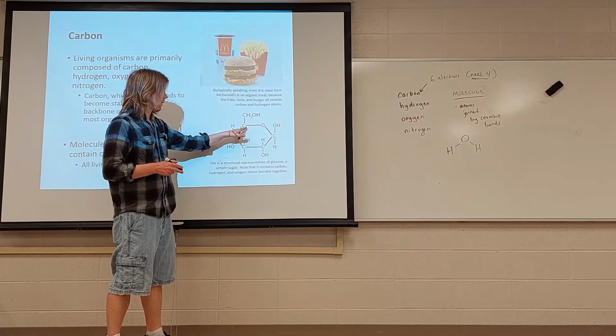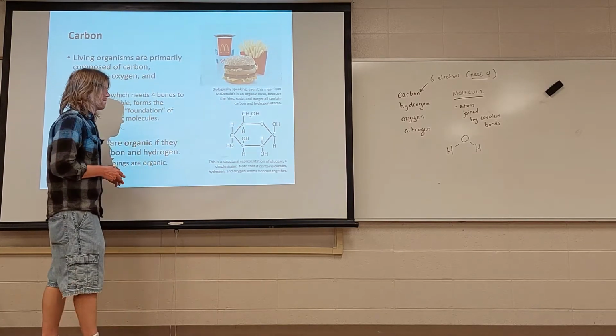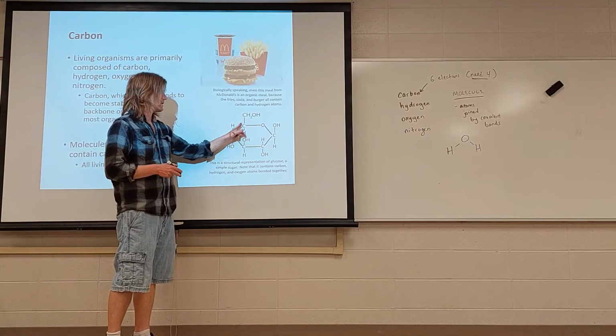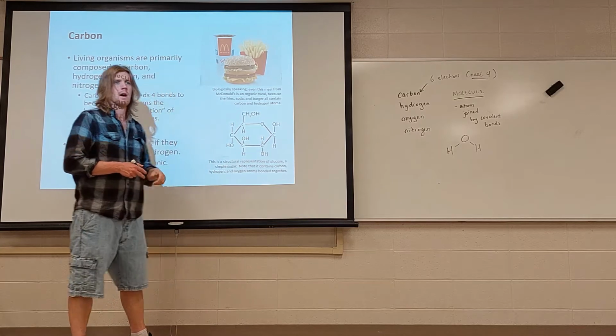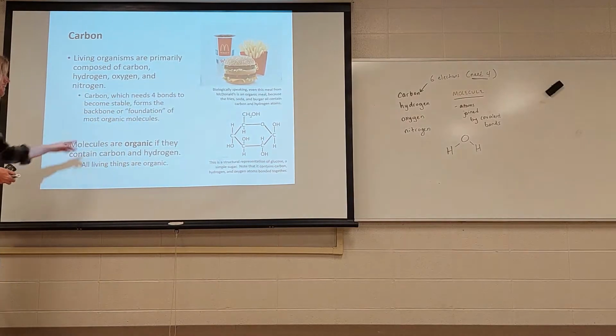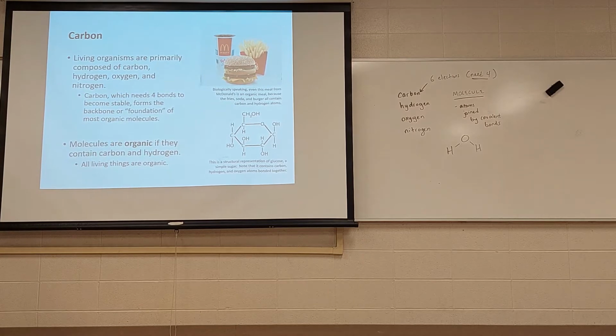And so carbon is sharing with 4 other atoms, and thus it gets its stability. And if you look at all of the carbons here, they've all got 4 bonds to become stable. So carbon, generally thought of as the foundation of molecules that make up living things.